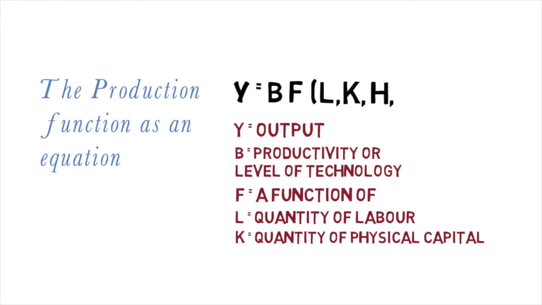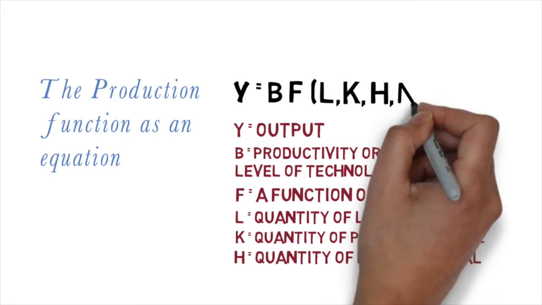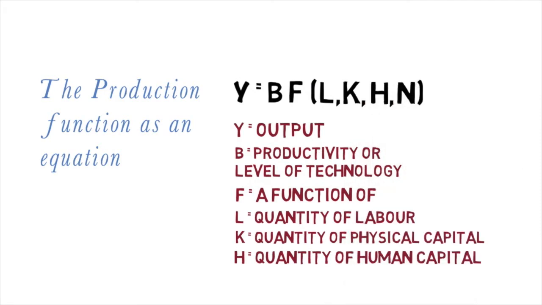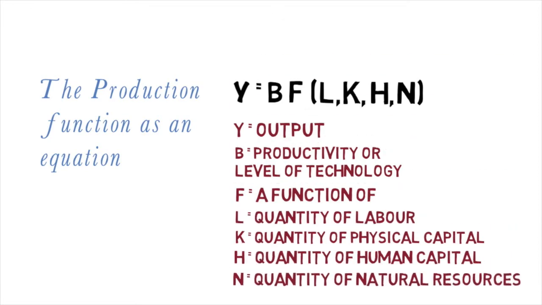H is the skill level of the labour. That is called human capital, so the degree of education of a labour force in a country. And the final one, N, is the number of natural resources which can be used up in the production process and therefore gives an indication of sustainability.